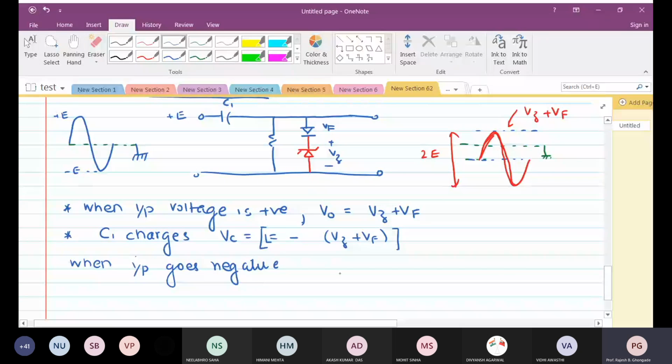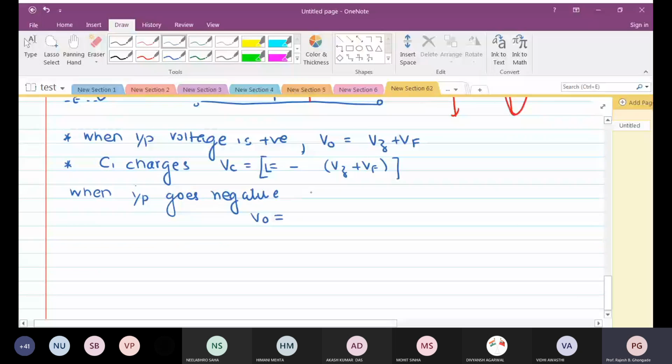What will be the output voltage now? Input is negative, means minus E. I'll take the negative sign common: E plus E minus Vz plus Vf.